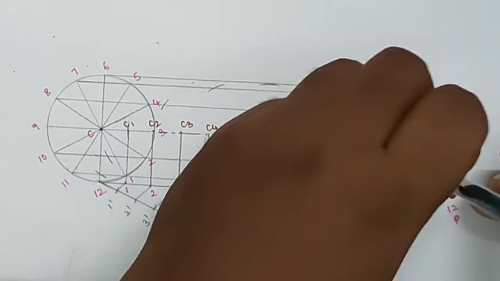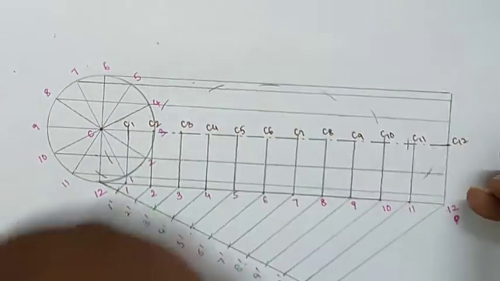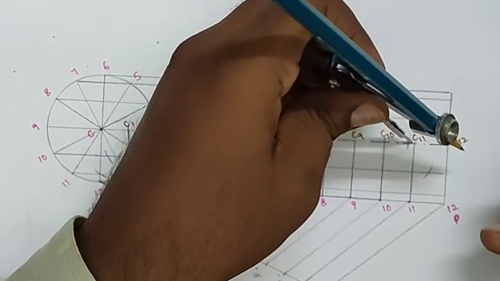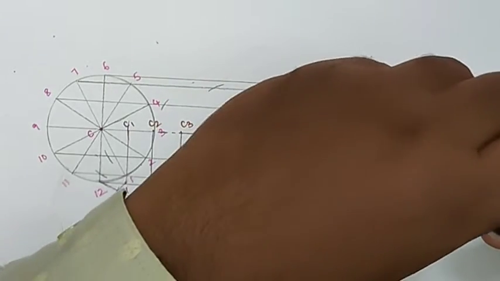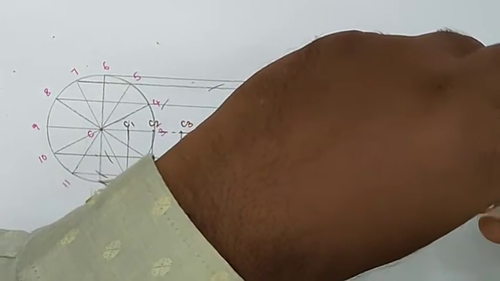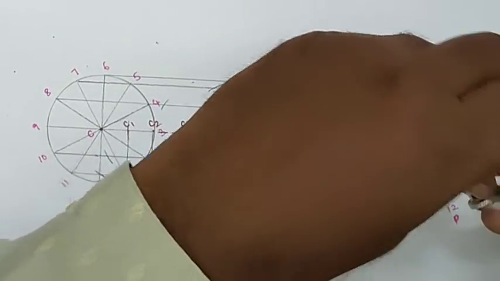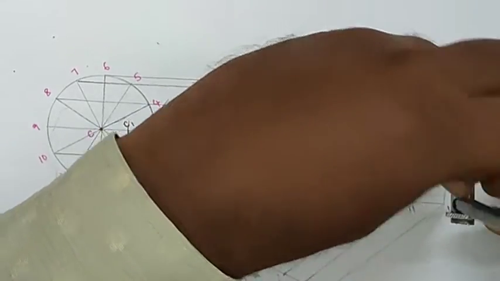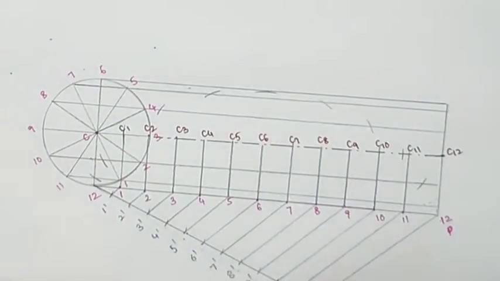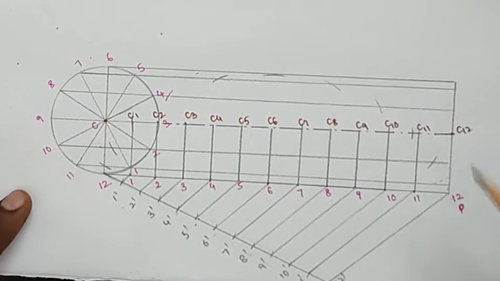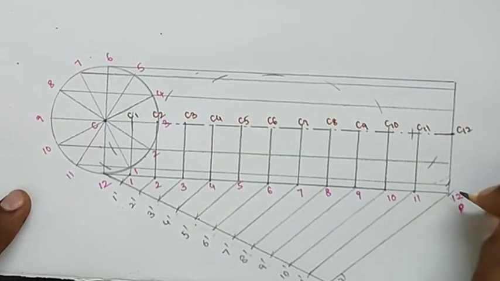From C10, draw the arc on 10 and 2 horizontal line. From C11, draw the arc on 11 and 1. And from C12, draw the arc here. So we will get the different arcs here.